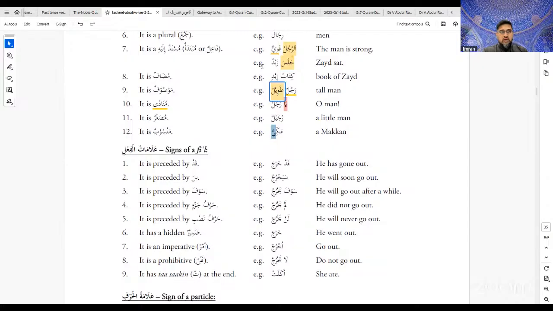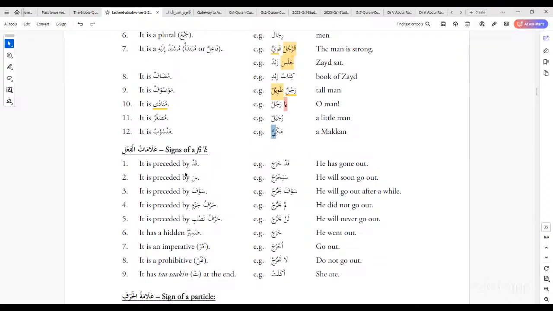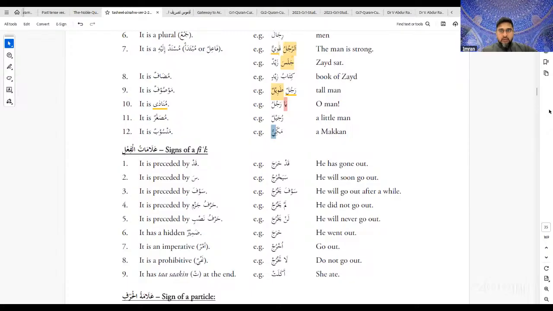Once I've done the signs of the verbs, I will then start the different types of nouns. When I cover the different types of nouns, I will then go to the ayat of the Quran and show them and implement them on the ayats. So that's the way I'll be doing these classes.